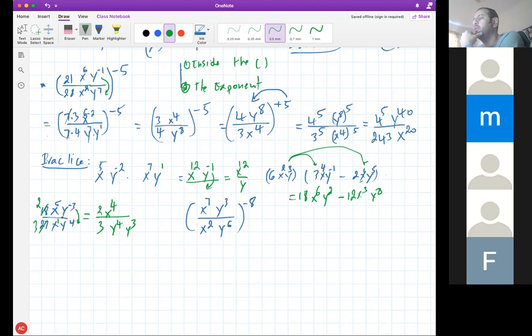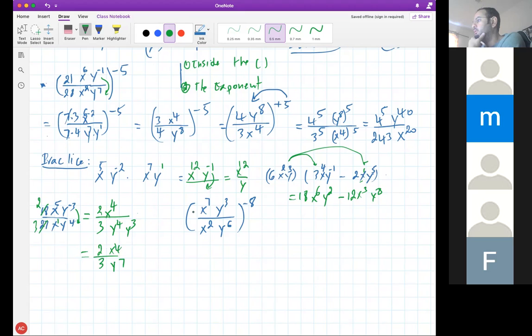You don't need to split into 3 fractions. You can do it all at the same time. If you want to do it, just make sure your final answer is put together into one fraction. So finally, this will be x over 4 and y to the 7. Okay, so here that's it, 2 steps.